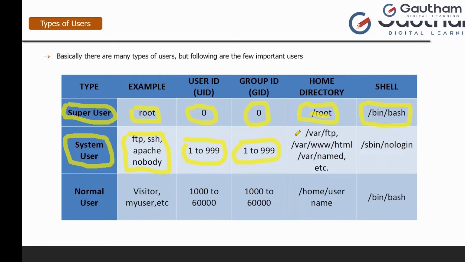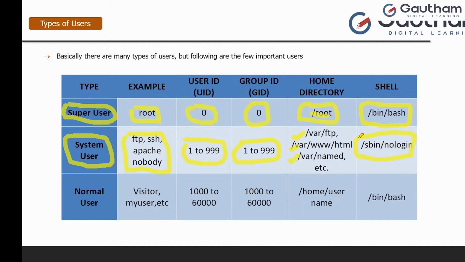And the home directory reserved for system users is different for every application. FTP has a separate directory, Apache has a separate directory, DNS has a separate directory. But all of them have a very common thing called /sbin/nologin. Now this shell prevents system users from logging into the system.